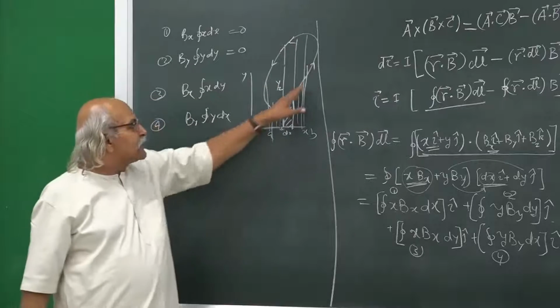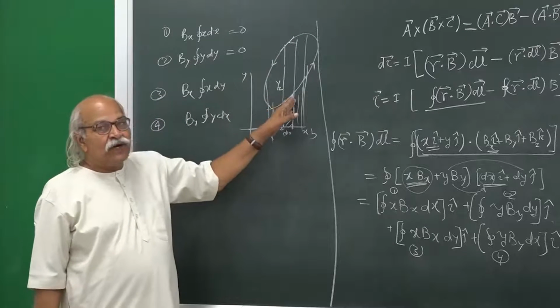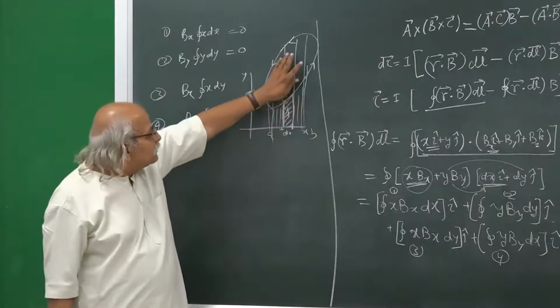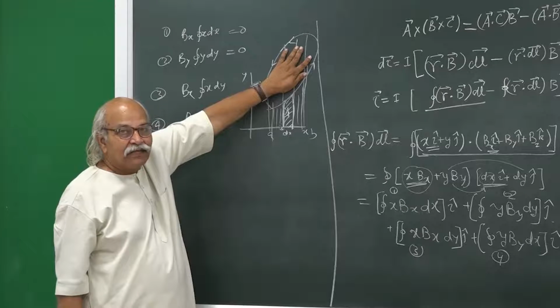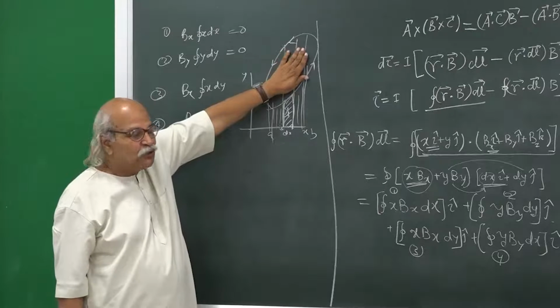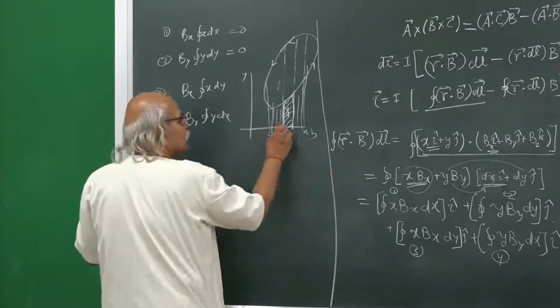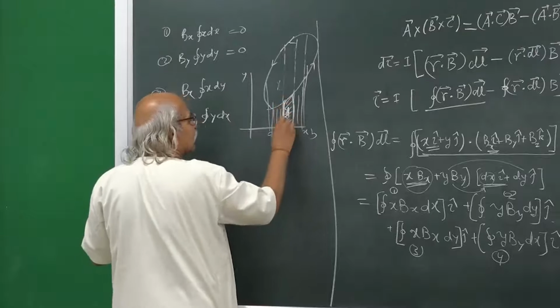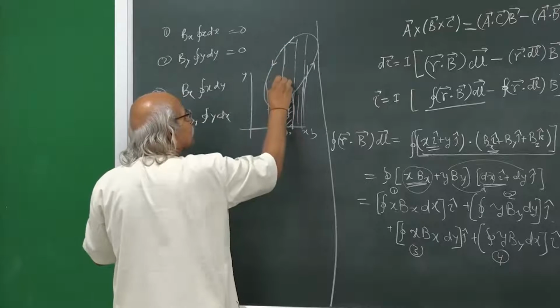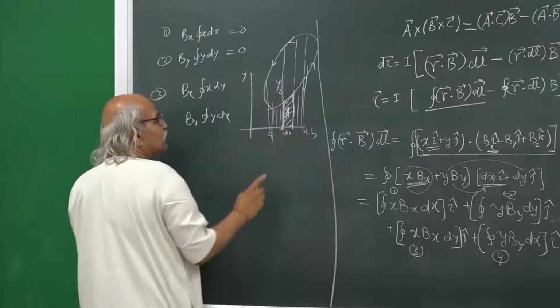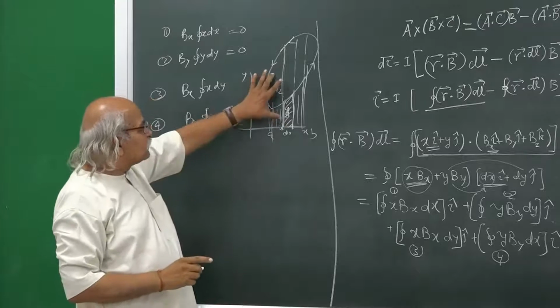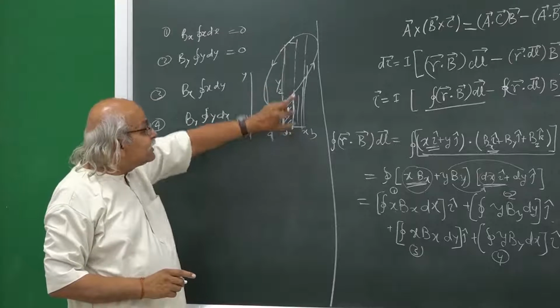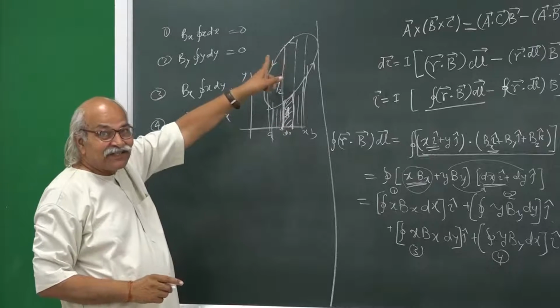So when you do this entire integration, you get the area of this loop. Why? Because here it was y1 times dx and here it is y2 times dx, where y2 is greater, y1 is smaller, and dx has the opposite sign.